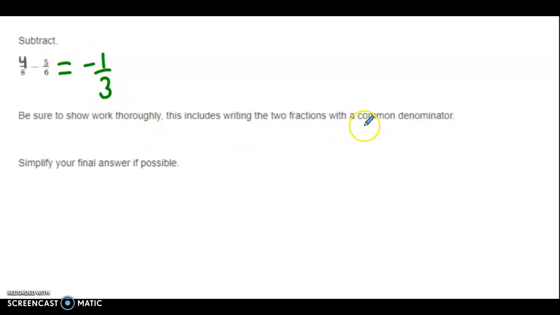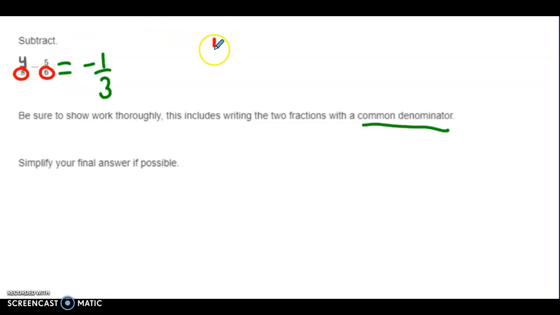Now I'm going to have to get common denominators to show all of my work. If I look at my denominators, you can try to find the least common denominator, or you can multiply your fractions by the opposite denominator. And that's usually what I do. One of my denominators, or bottom numbers, is 8, and the other one is 6.